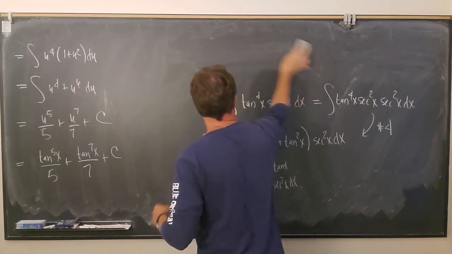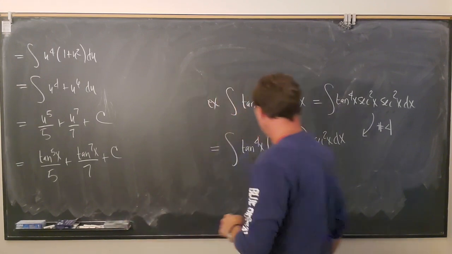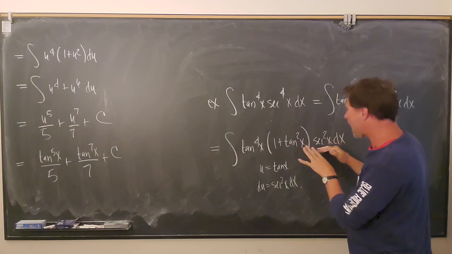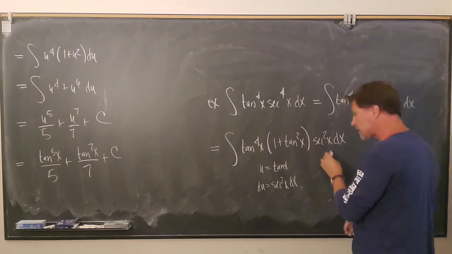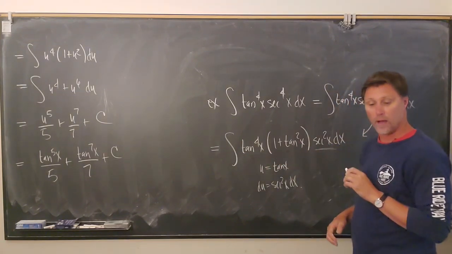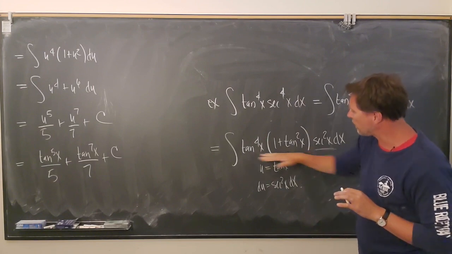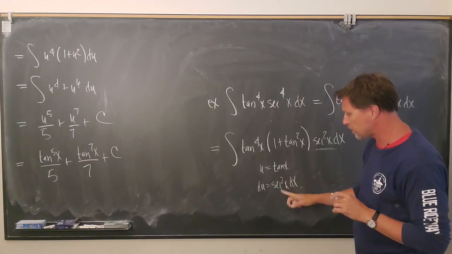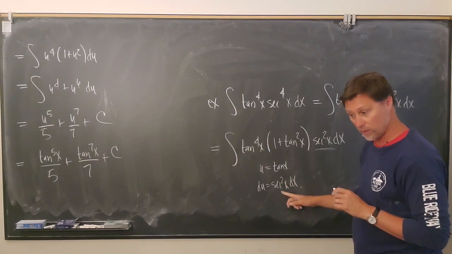Now, why did this one work? Okay, so let's think about what we needed. We wanted to get the entire integrand in terms of tangent except for the portion that we peeled off. And we needed then, if it was all going to be in terms of tangent, to let u equal tangent so that du equals secant squared.